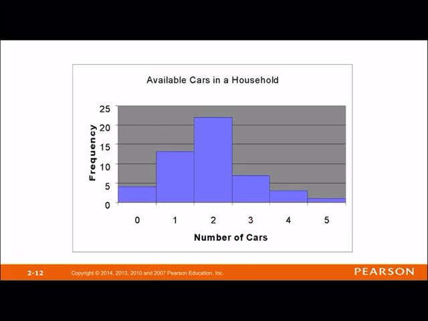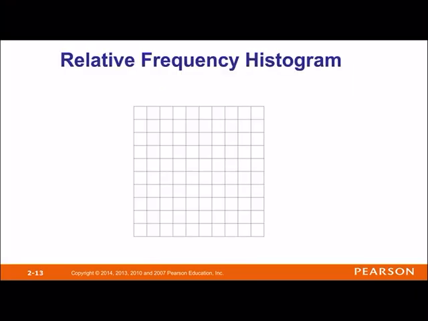Okay, and then we're going to do the same thing for our relative frequency histogram. And again, that's based on the other column of your table. And again, just a little bit of pre-planning here. If I look at my relative frequency, again, think of relative frequency as money.